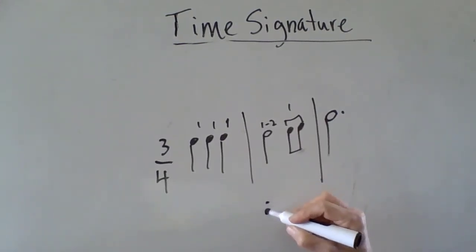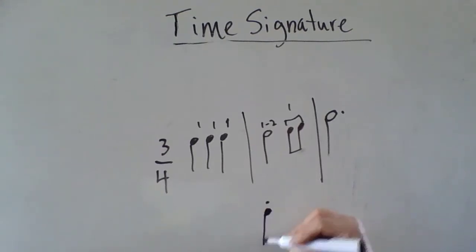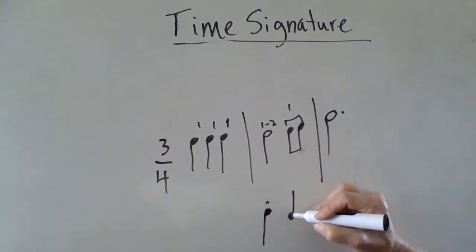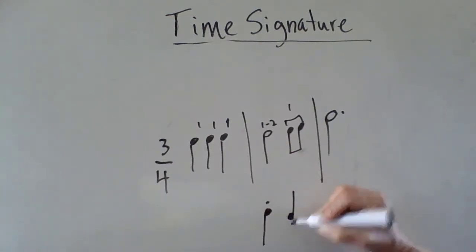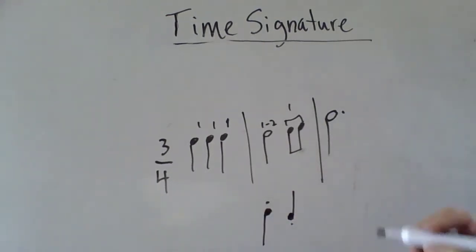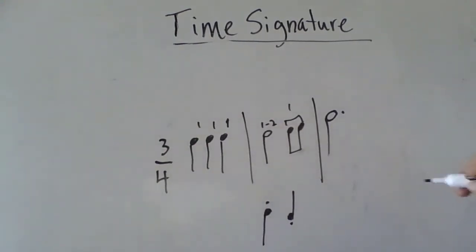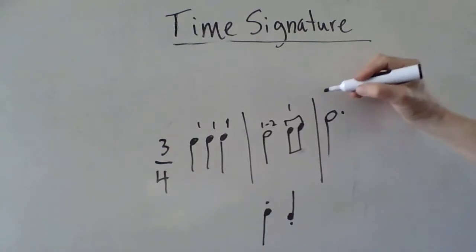So for the staccato note, we have a dot either directly above or directly below the note, and that's a styling that tells you to play that note as short as possible. When the dot is off to the side, that means something different. So this is a dotted half.